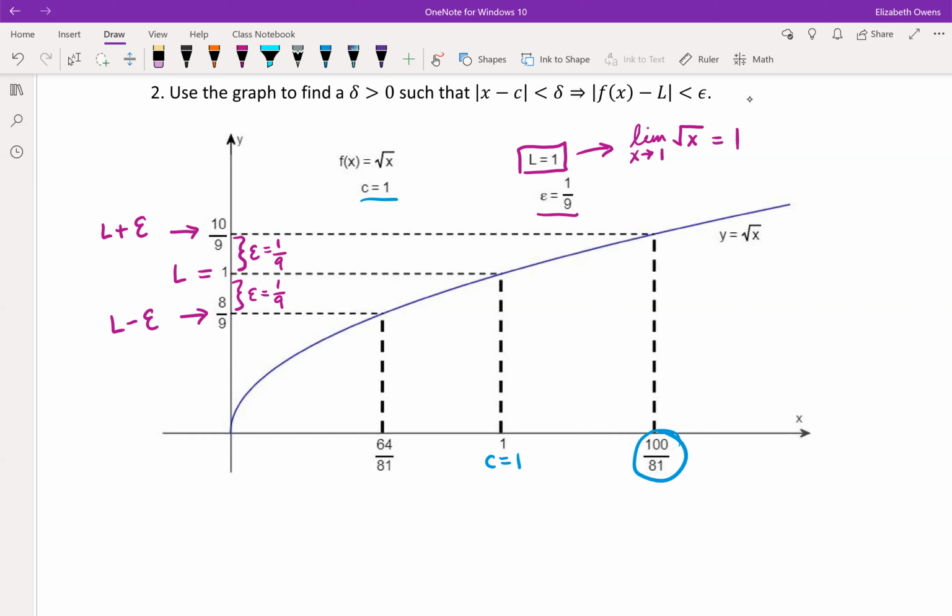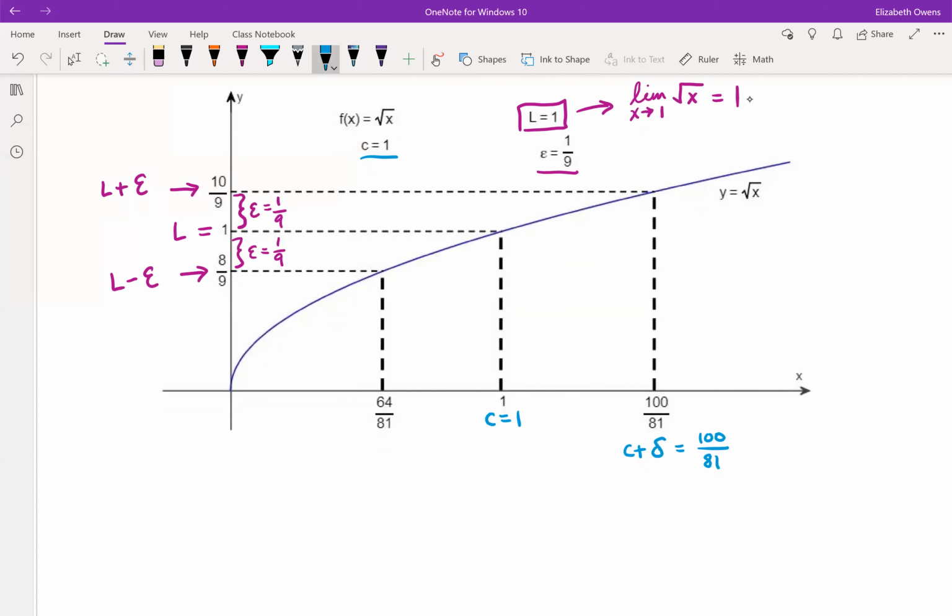100/81. That we might say is c plus delta. And if we did that and we know that c equals 1, that would tell us that delta equals 100/81 minus c.